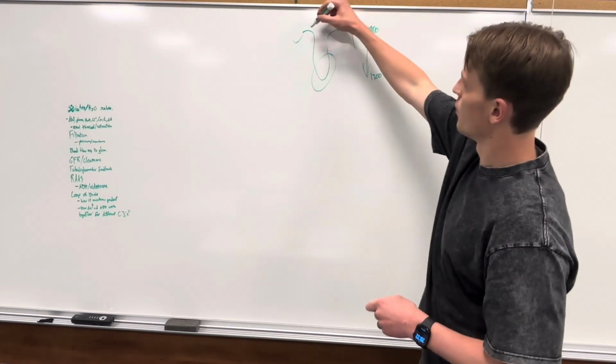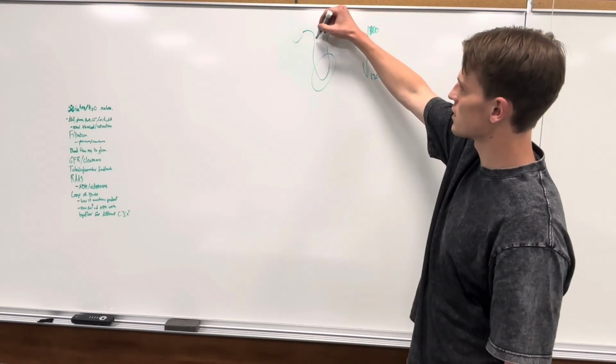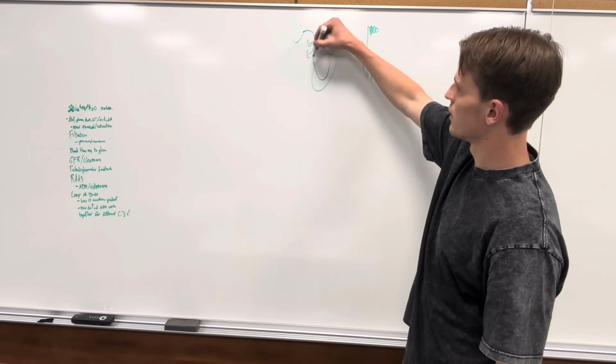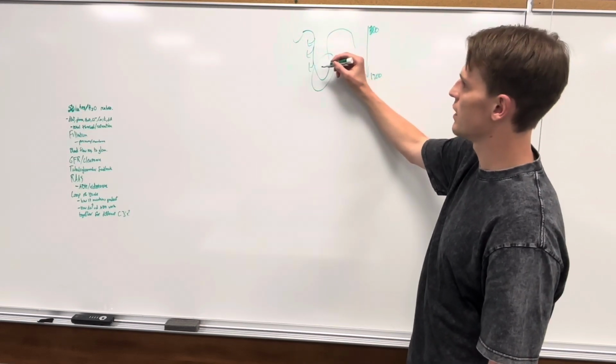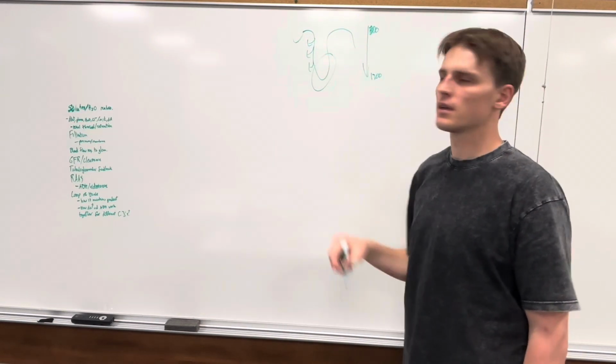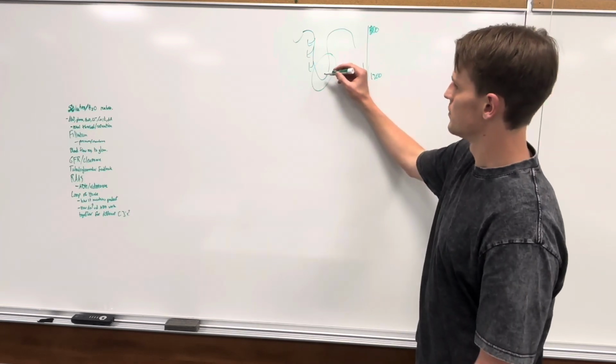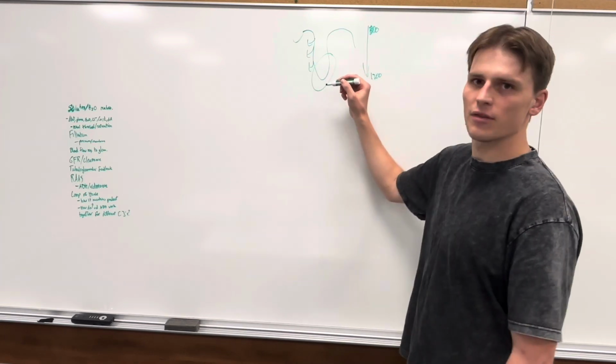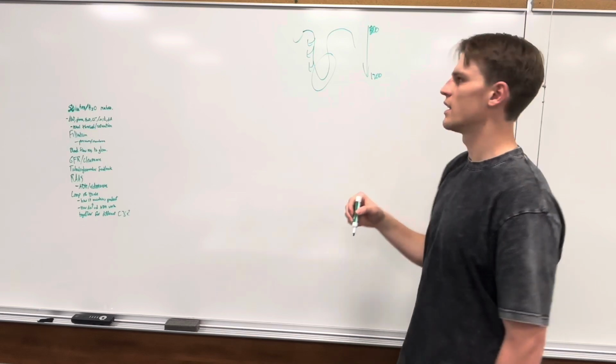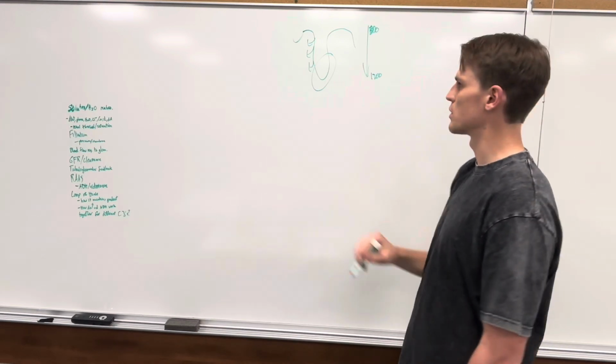And so we're up here, we're at 300. As we start to go down, more water is being brought out of the lumen. And so at the bottom here, inside, the filtrate is very concentrated. It's at 1,200 milliosmoles.